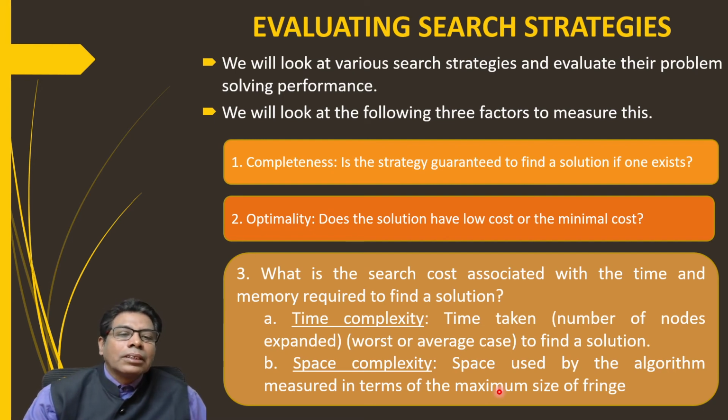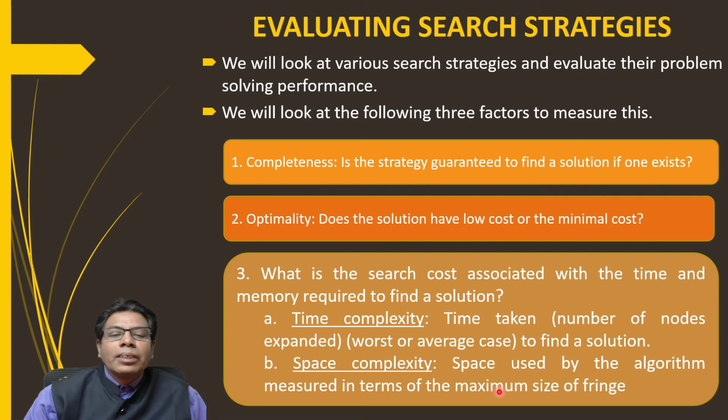So we'll have the time complexity, that is nothing but the time taken, that is number of nodes expanded, or maybe we have the worst case or the average case to find a solution. So if we are expanding more number of nodes, then it will take more time. Then the last is space complexity.